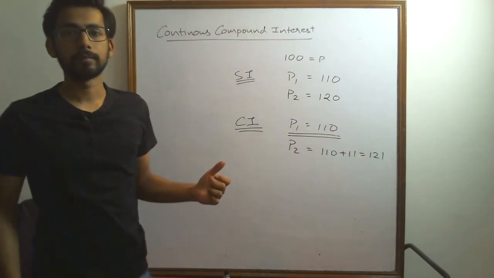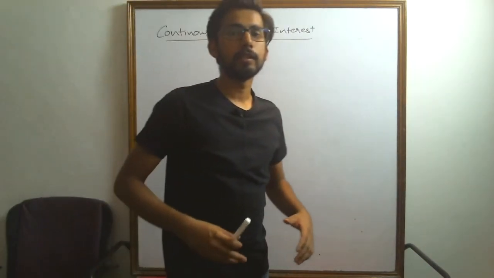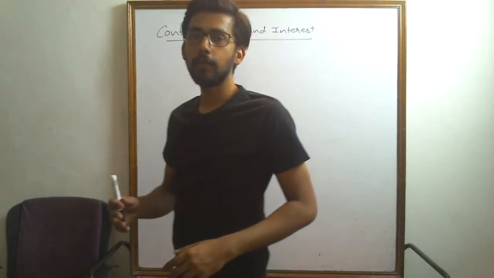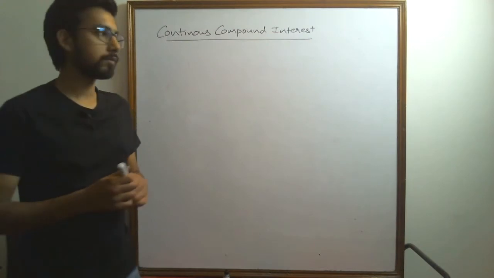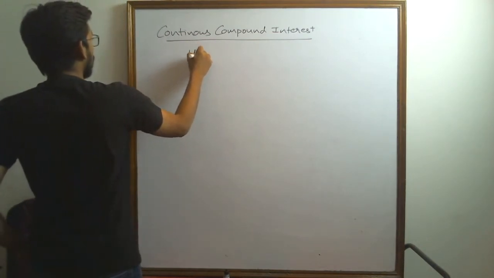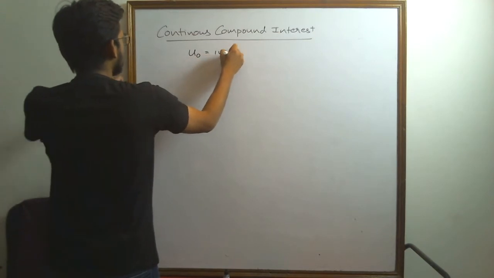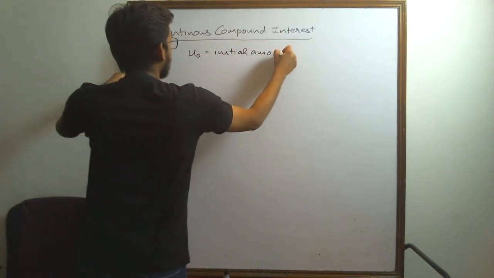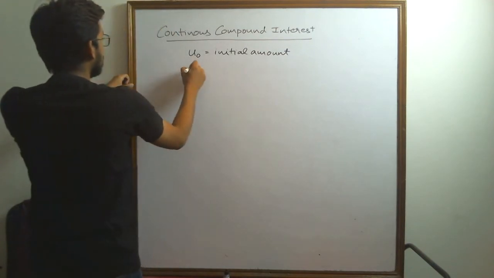Now after seeing the difference between simple interest and compound interest, let's get a formula for compound interest. A few terms first. U naught is the initial amount, also known as the principal amount.